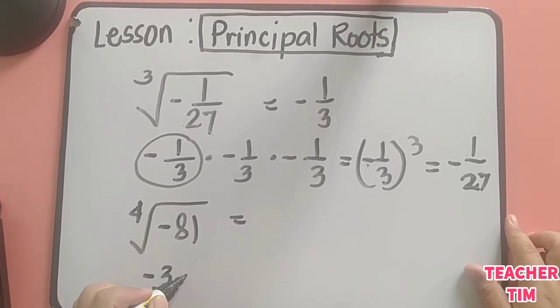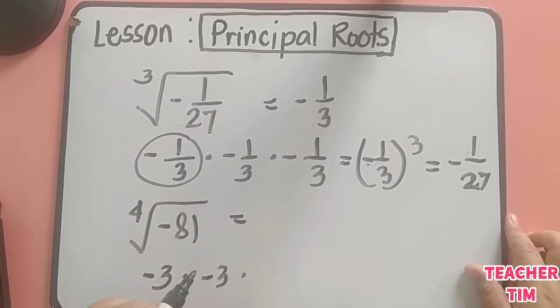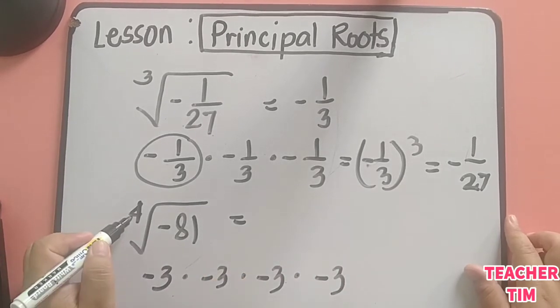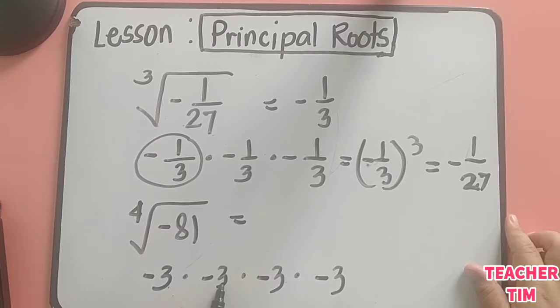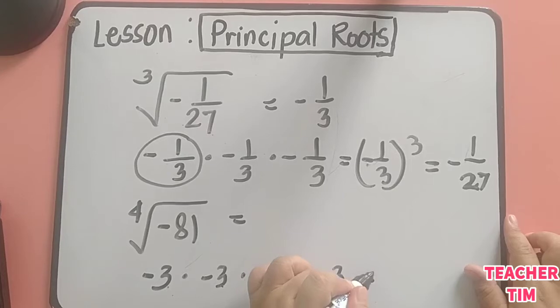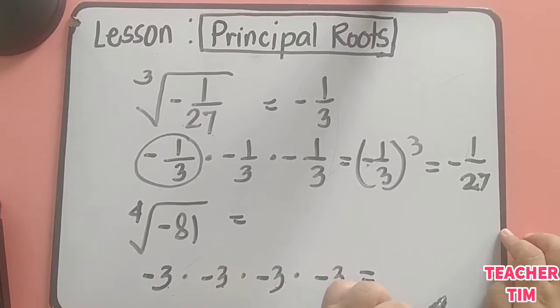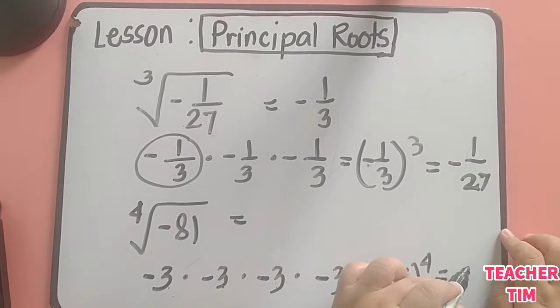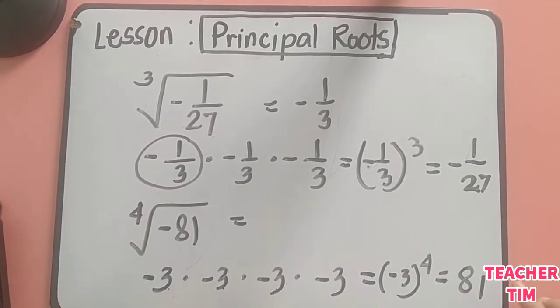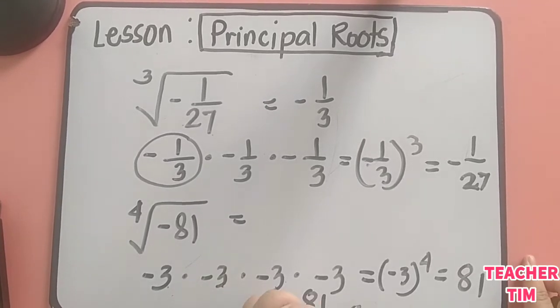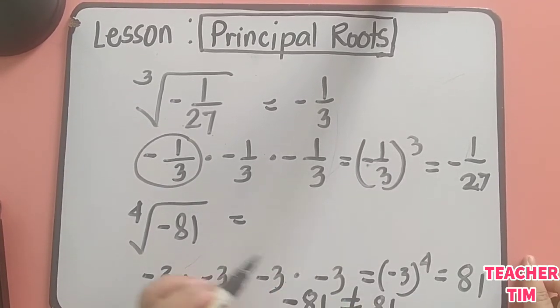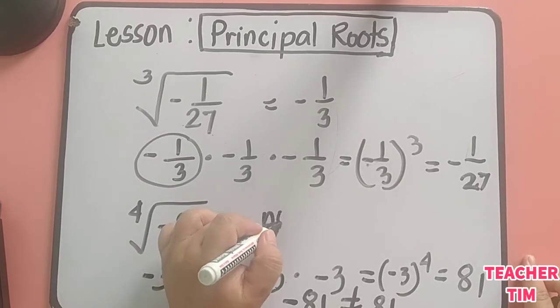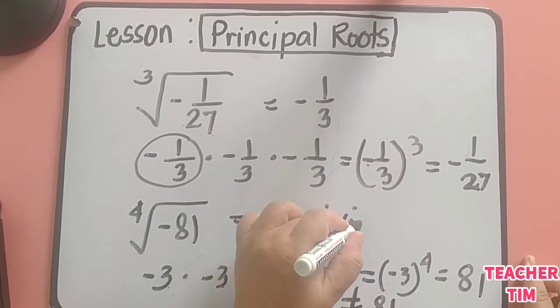Negative 3 times negative 3 times negative 3 times negative 3, because the index is 4. So 3 times 3 is 9, times 3 is 27, times 3 is 81. The answer is positive 81. So negative 3 to the fourth power equals 81. And since negative 81 is not equal to 81, therefore, this has no principal root.